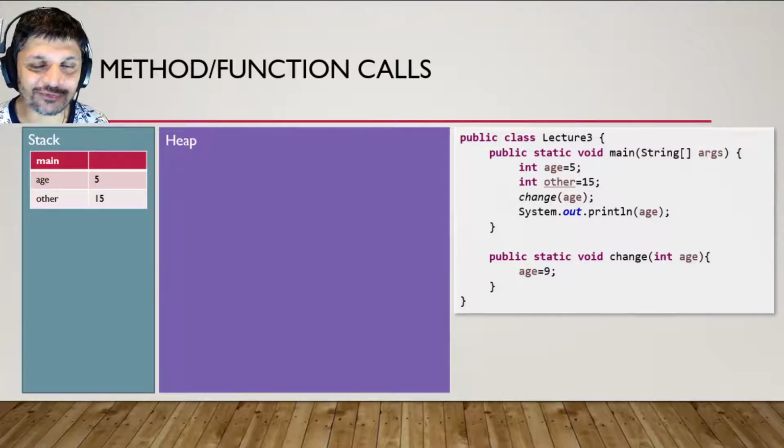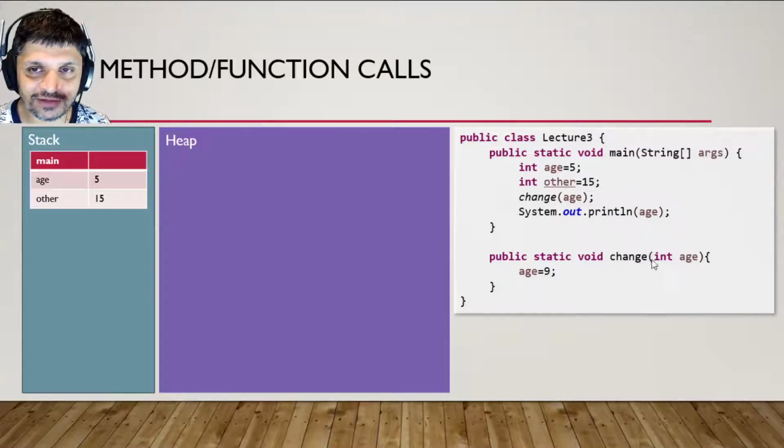Let's look at what happens when we do a function call. Okay, in Java we call them methods, so we'll have a method call. So what we're doing first is we're creating a method called change. Okay, this is our change method, and it's void. That means it doesn't return anything, and it takes in a variable called age.